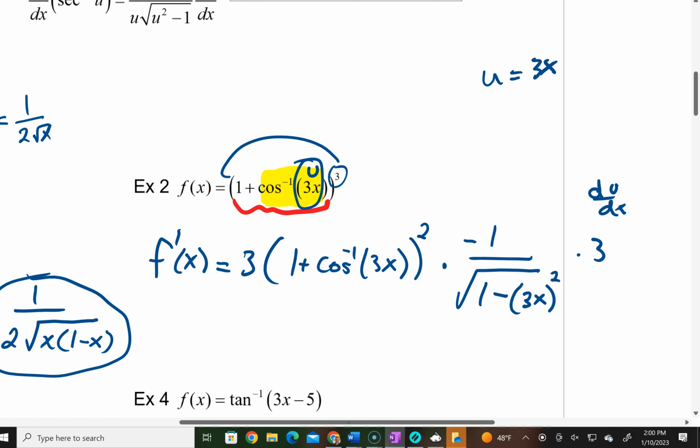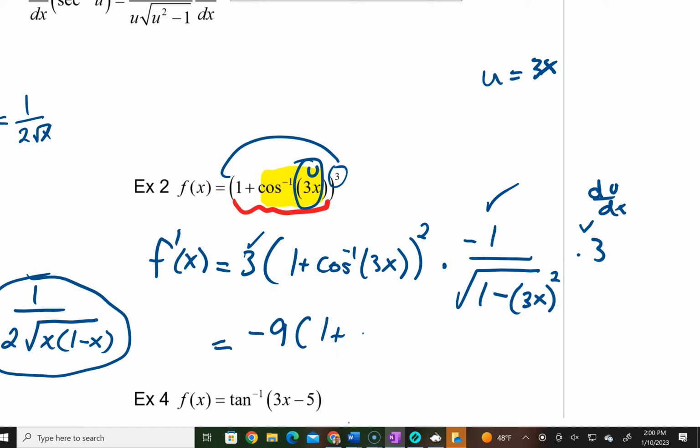Now we clean it up. You could say, well, I've got a negative 1, I've got a 3, and I've got a 3. And that's going to become a negative 9. Also up on top, I've got this 1 plus inverse cosine of 3x, whole thing squared.